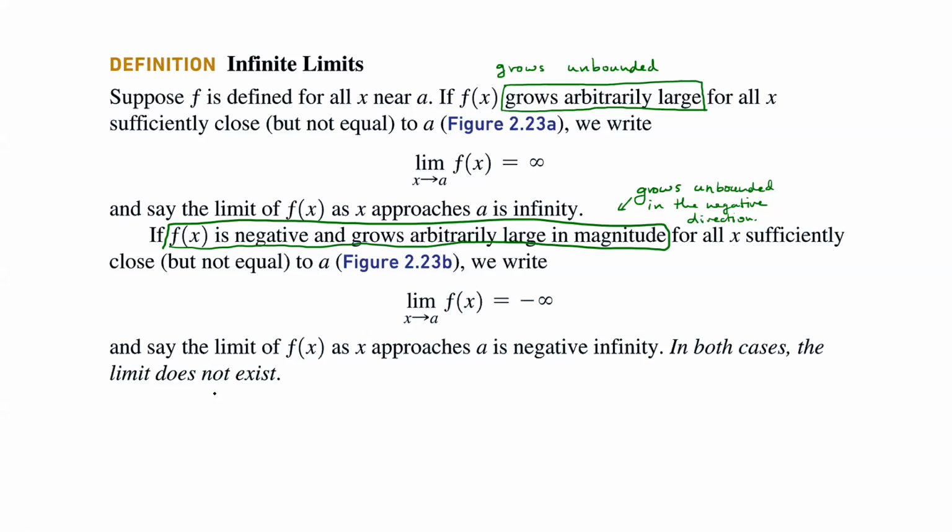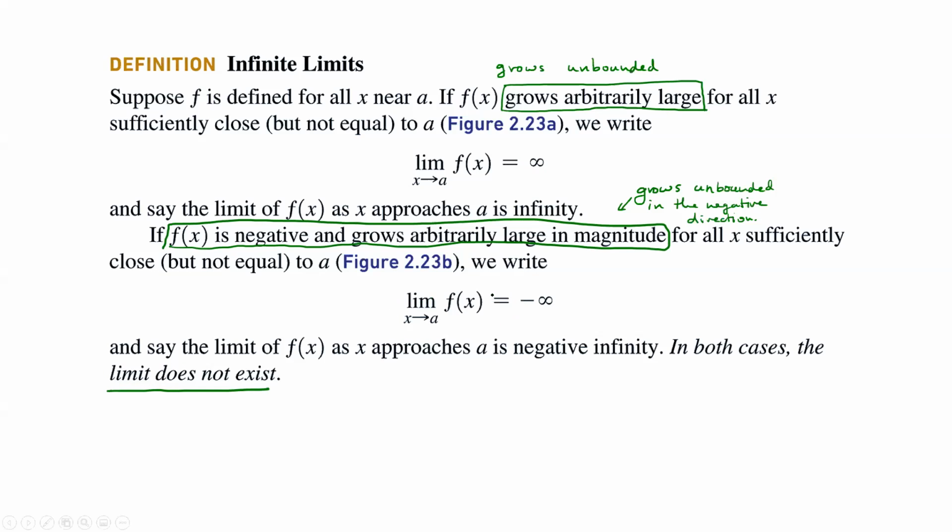And a technical thing that we want to keep in mind, in either of these cases, the limit really does not exist. When we write the limit as x approaches a of f of x equals infinity, it's specifying something specific about how the function behaves there. But of course, we know that infinity itself is not a number, so this is not really approaching any one particular value, right?